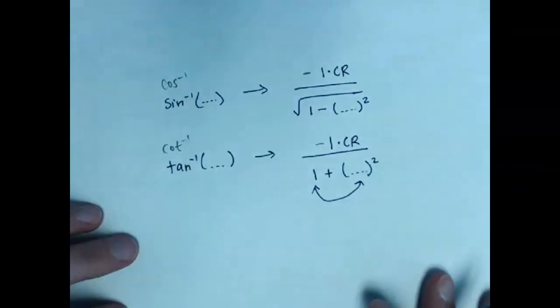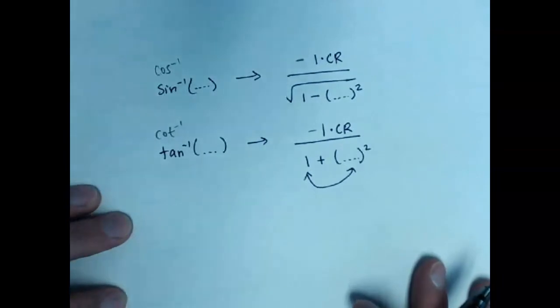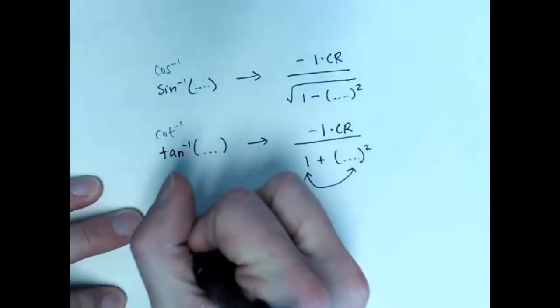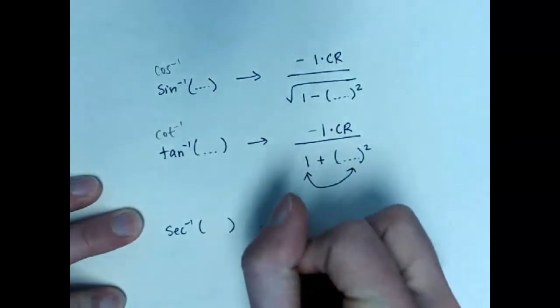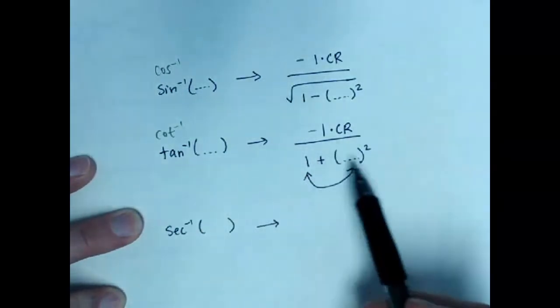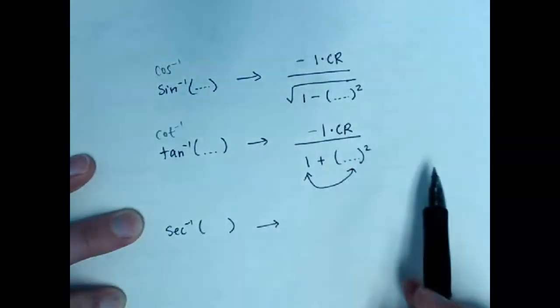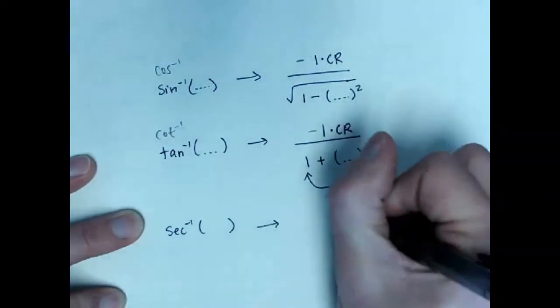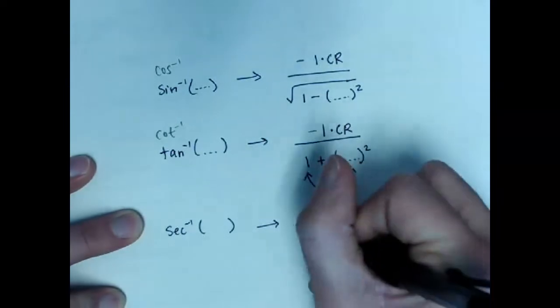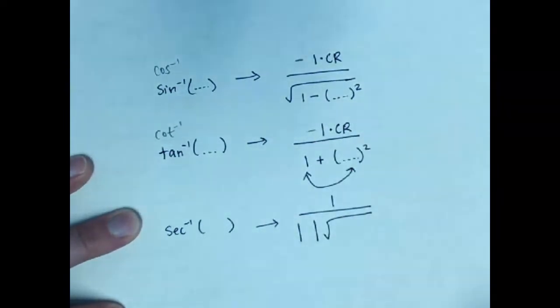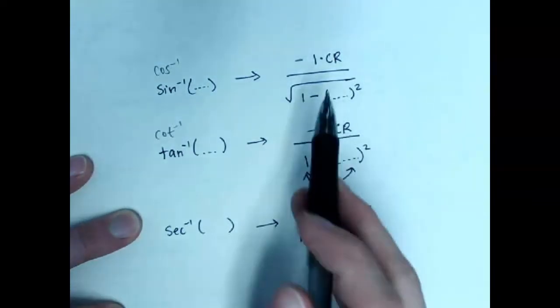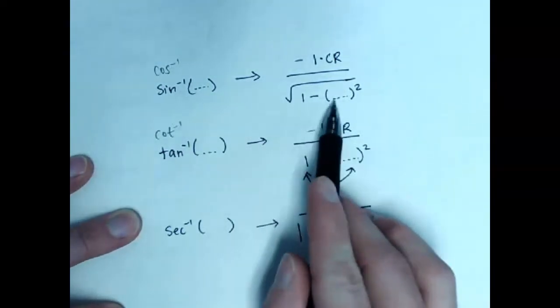Last one, the secant inverse. And then we'll finally get to some examples. We have the secant inverse, or arcsecant. If I have secant inverse of stuff, this is the worst one. Right? Tangent's actually not too bad. The sine inverse is like that, but the secant inverse takes the cake. It's 1 over the absolute value of stuff, and then I have the square root, and the order is reversed. For the sine inverse, the constant comes first, then you subtract the variable.